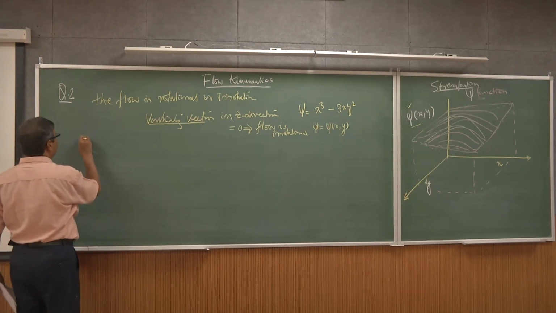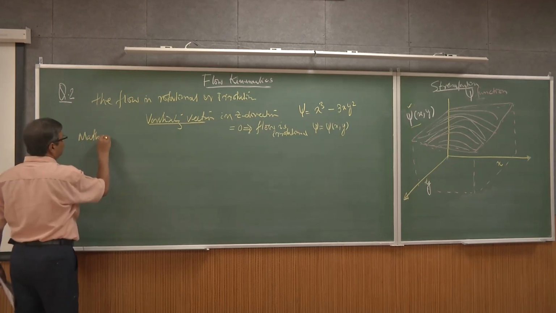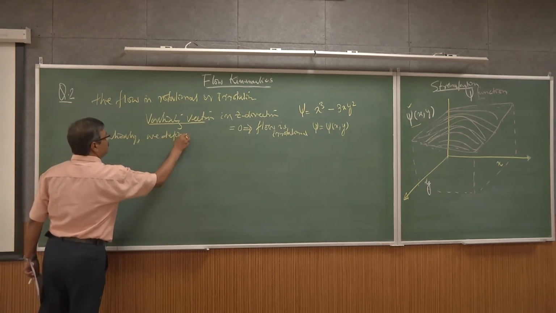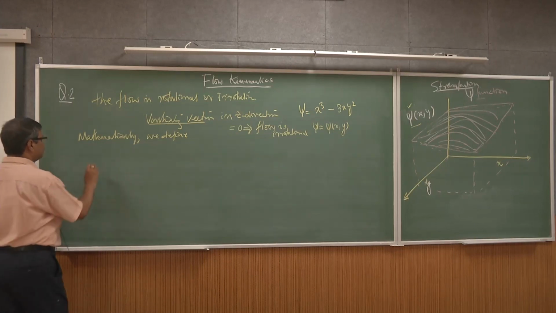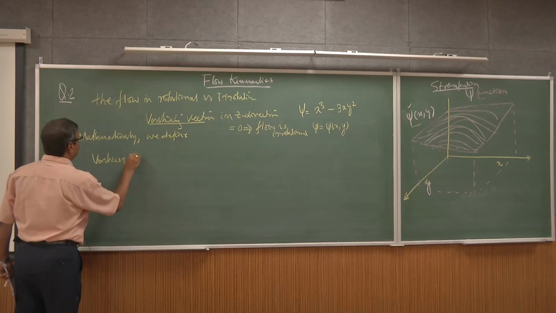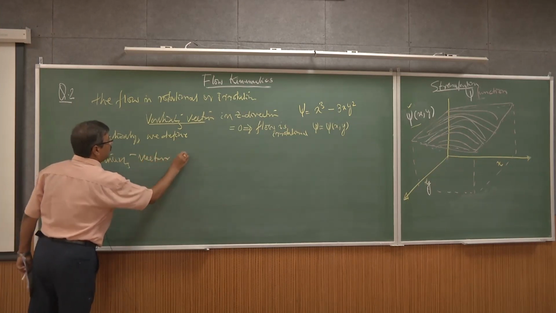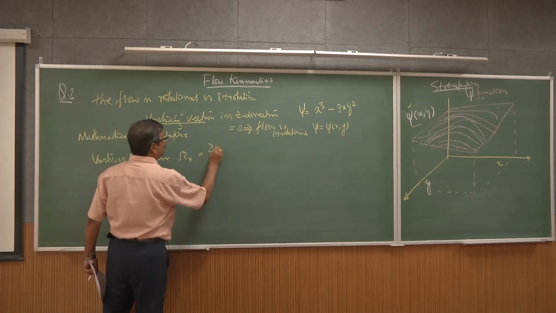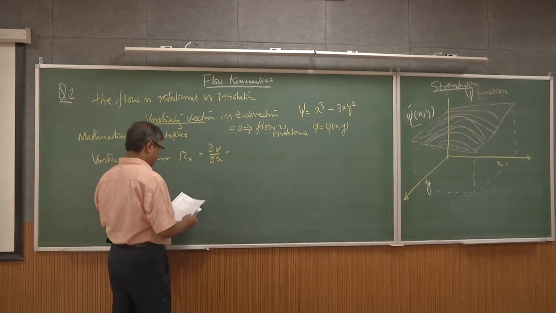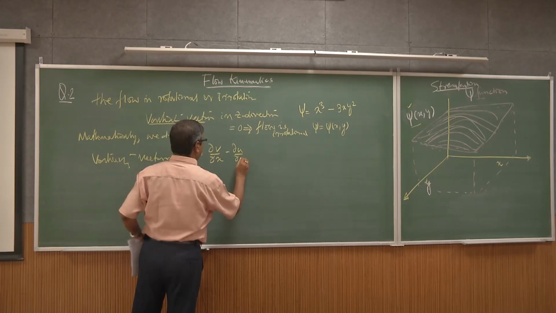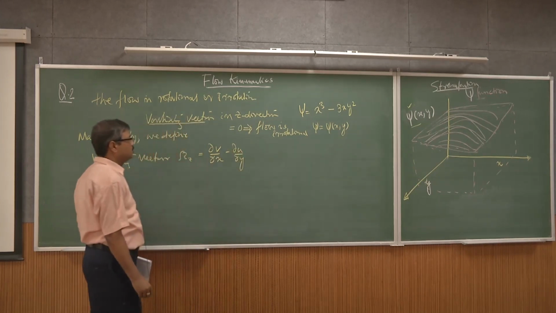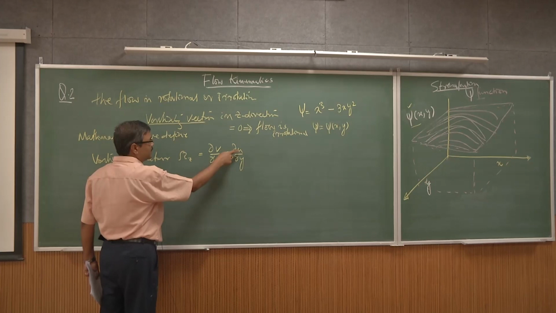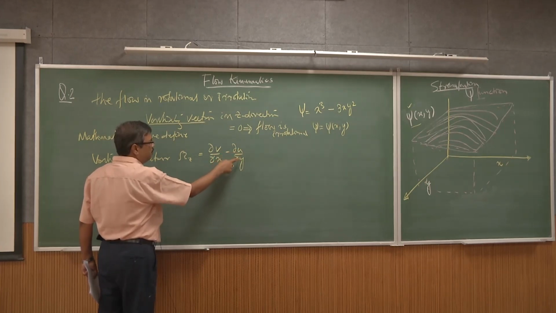Mathematically, we define the vorticity factor in the z direction as the partial derivative of the scalar component v with respect to x minus the partial derivative of the scalar component u with respect to y.